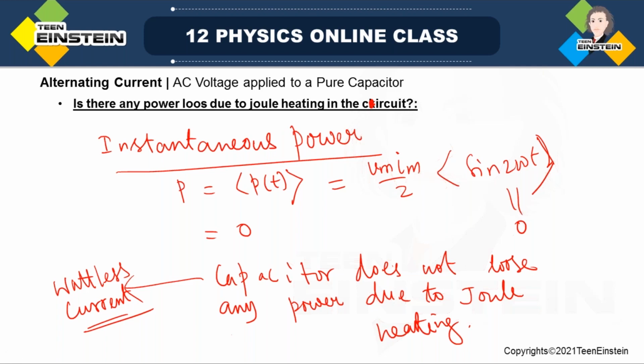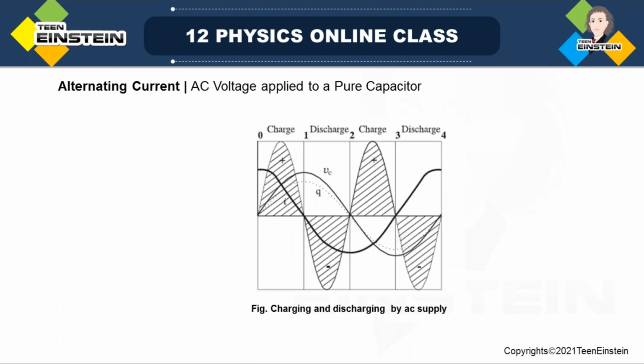Look, as I said, you can divide a full cycle of the signal. Look here, the full cycle of the signal: this curve is VC, and it goes as a complete sine curve. Now the current, look, this thick one is current, and this one is VC.